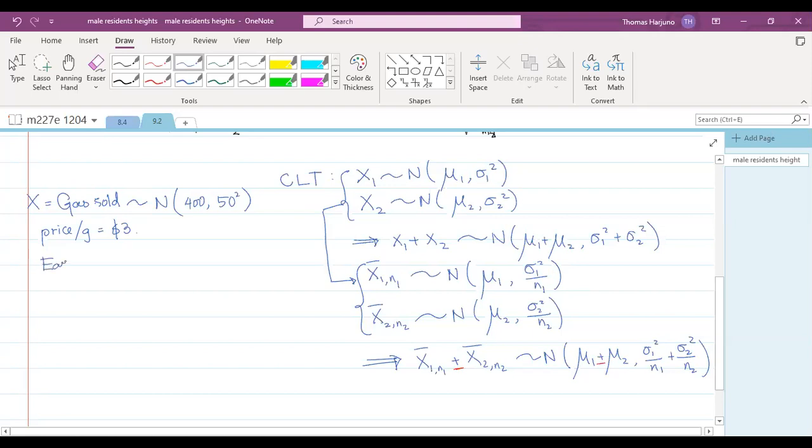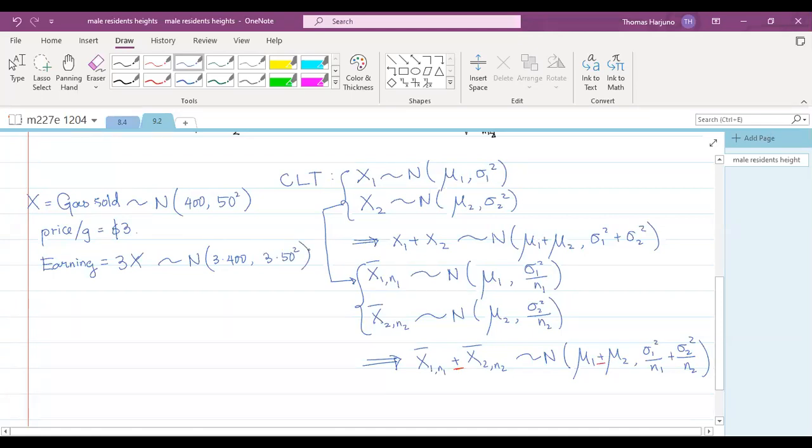The earning will be 3 times the number of gas sold, right? Let's say the amount of gas sold from that gas station is 350 gallons. So what is the earning? It will be 350 gallons times $3 per gallon. Now this 3x, which is the earning, will be normally distributed with mean 3 times 400, and the variance is 3 times 50 squared.